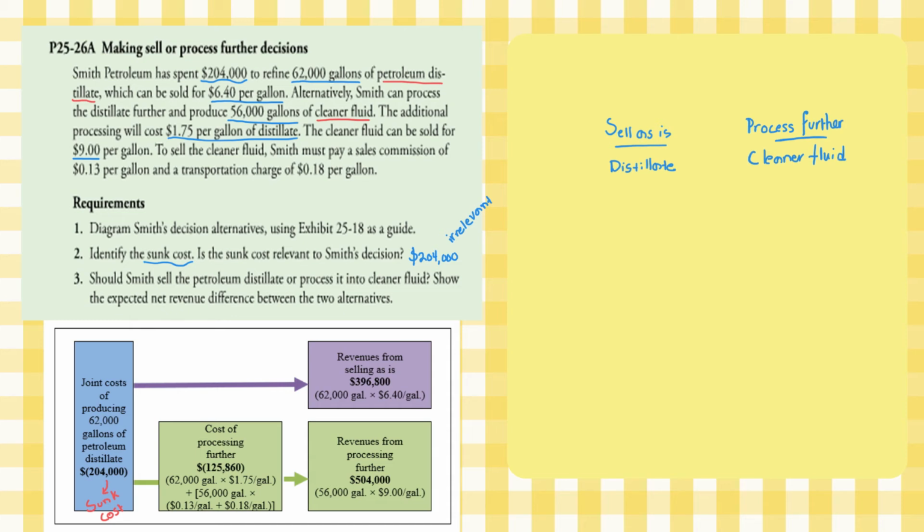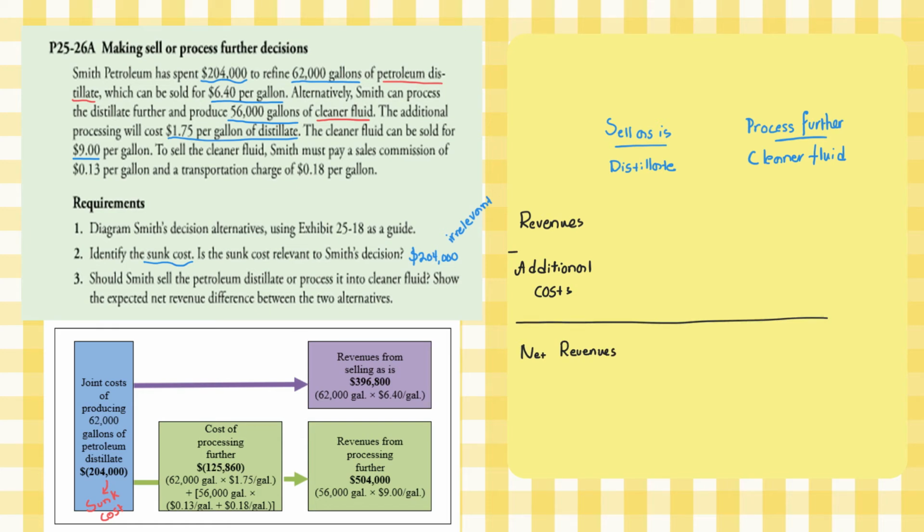So I'm gonna look at what's gonna be the net revenue. Revenues less any additional costs. So revenues less additional cost equals net revenues.